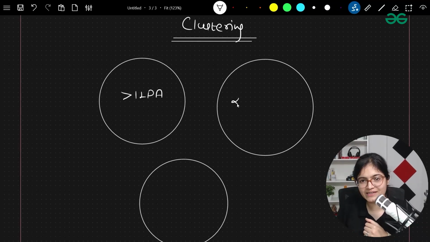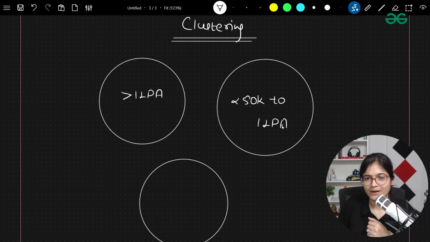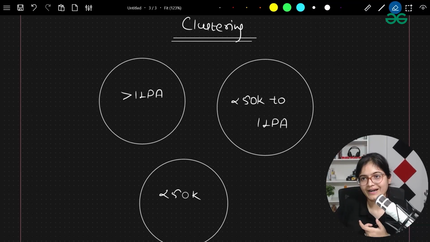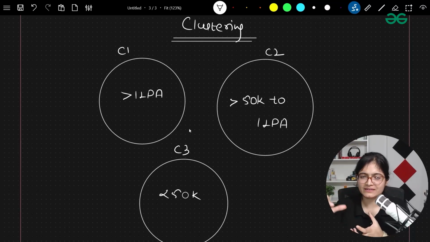Another group having a salary between 50,000 to, let's say, 1 LPA, right? Or a category which is less than 50K. So there are three customer bases we have, C1, C2, and C3, on the basis of the features that I'm providing to you.